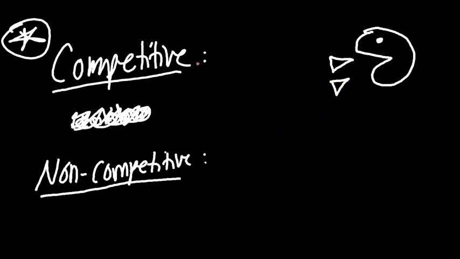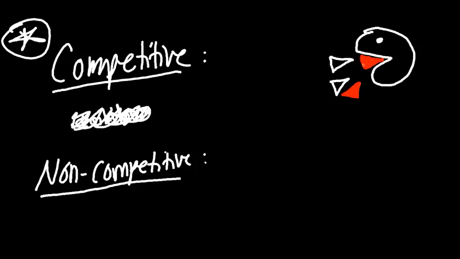However, if you have a competitive inhibitor, you have something that kind of looks like the substrate, except it's not. This triangle, this is going to be our inhibitor, represented by the red triangle. It's going to fit in the active site, and what it's going to do is inhibit this enzyme. However, it's not going to permanently bind, but it'll inhibit it temporarily.